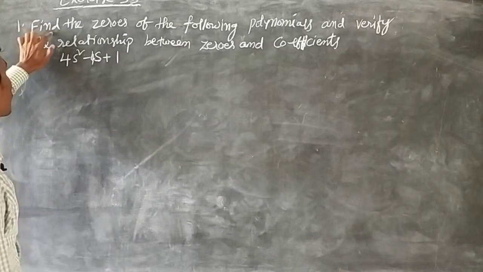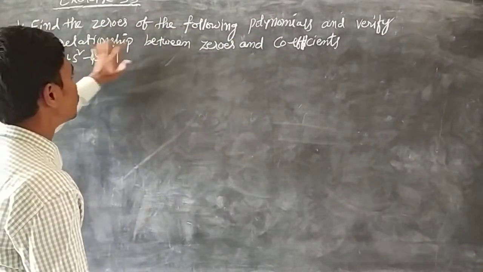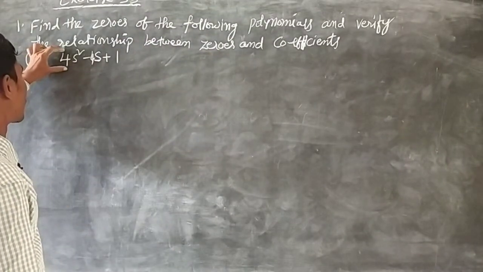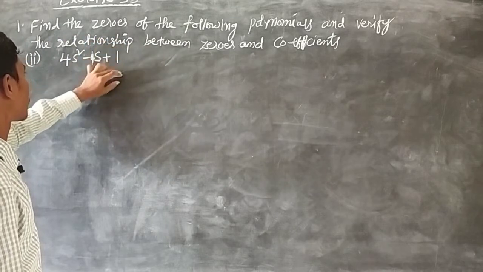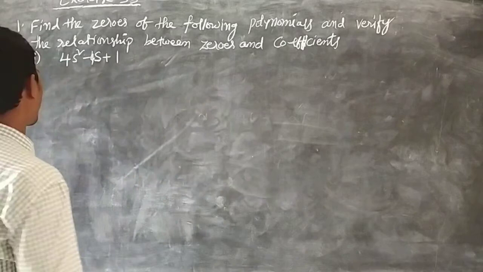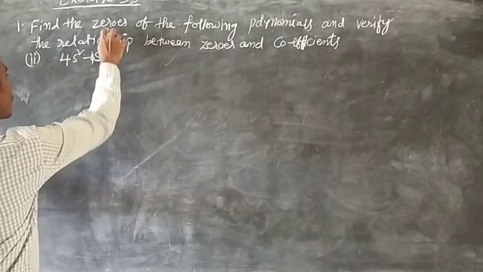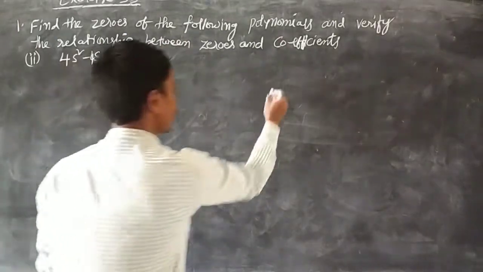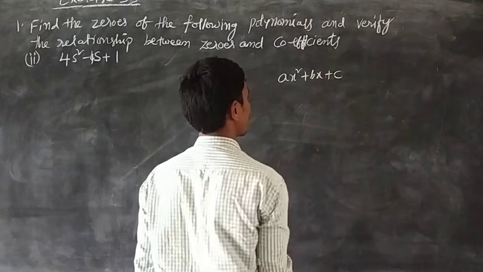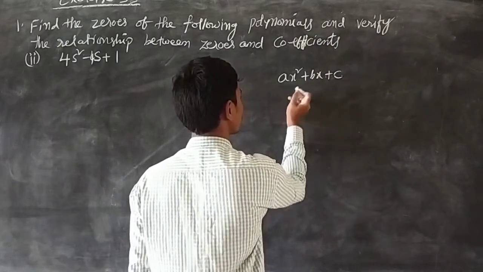Here the given sum is: find the zeros of the following polynomials and verify the relationship between zeros and coefficients. Here the given quadratic polynomial expression is in the variable s. So if you want to find the polynomial zeros, we have a formula. For example, ax square plus bx plus c is a quadratic polynomial, then the roots may be found like this.